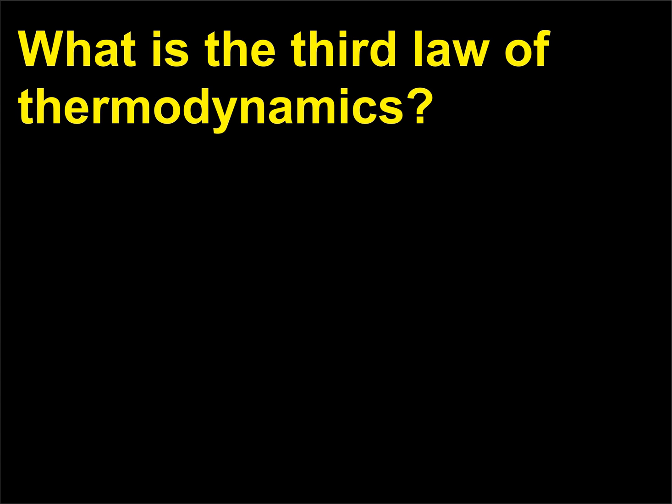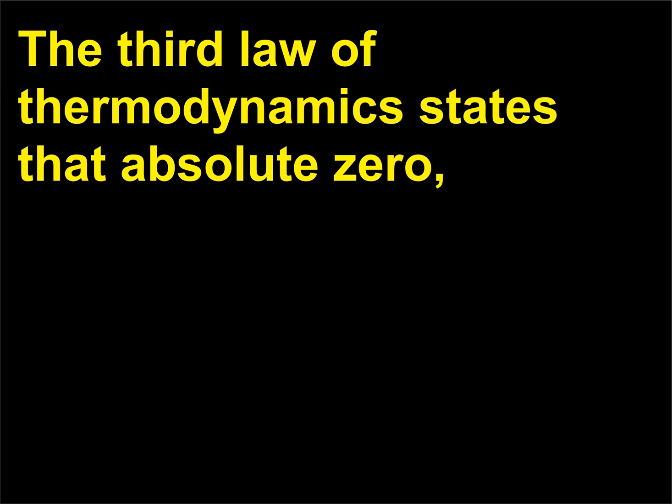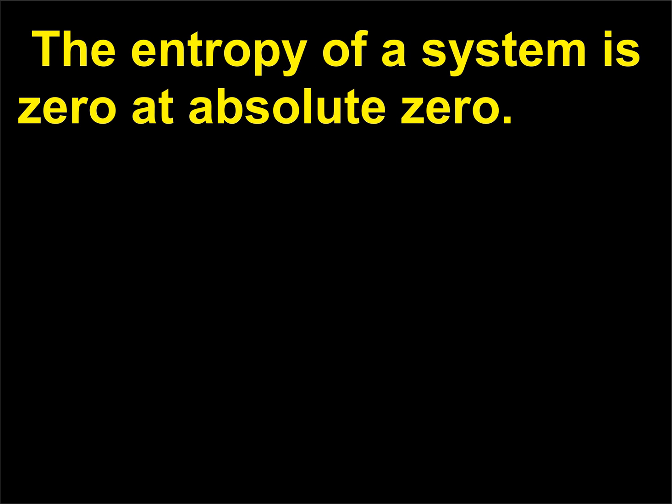What is the third law of thermodynamics? The third law of thermodynamics states that absolute zero, the lowest possible temperature, can never be reached. The entropy of a system is zero at absolute zero.